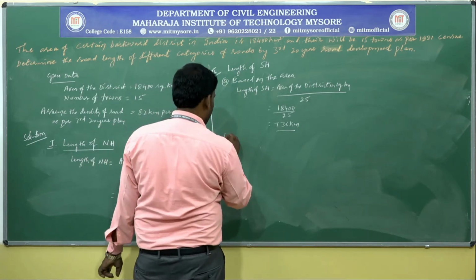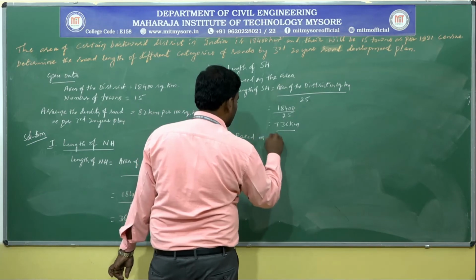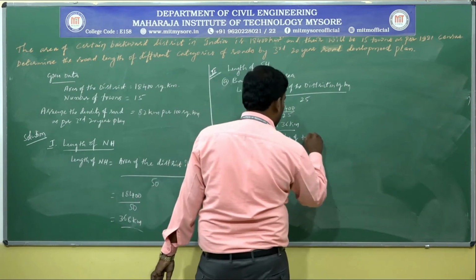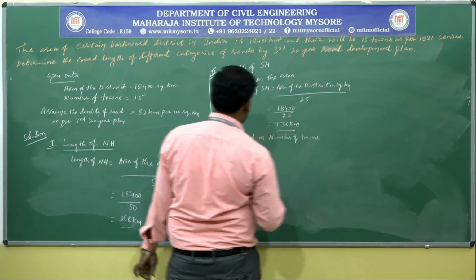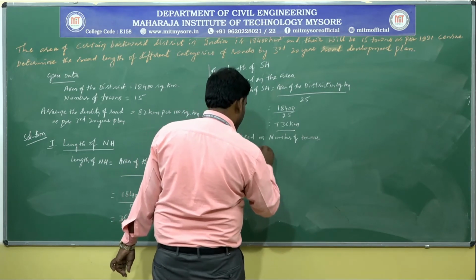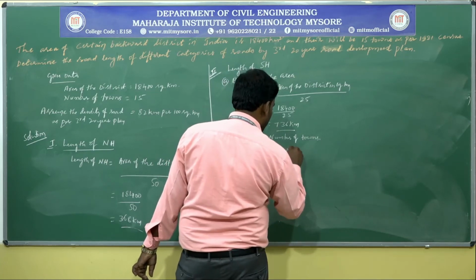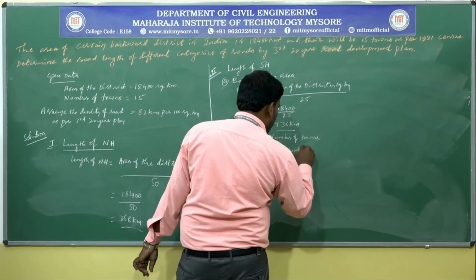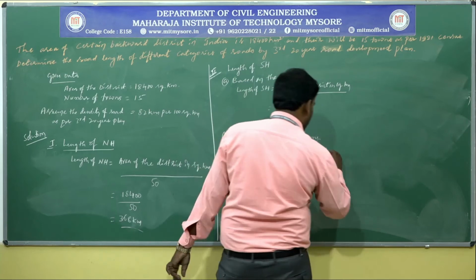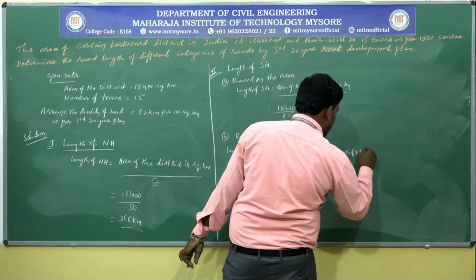Another relation, B, is based on the number of towns. The length of state highway is equal to 62.5 into the number of towns minus the length of NH.